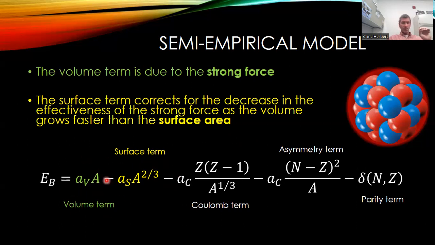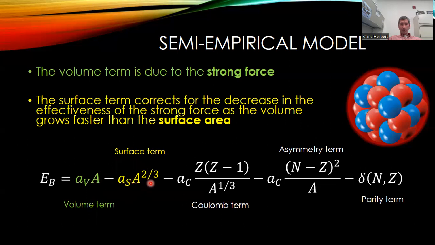First of all, the first term here is the volume term. It's basically the idea that every nucleon, every proton, every neutron is going to contribute to the overall strong interaction that's holding the nucleus together. So that's our volume term. More protons, more neutrons, more strong force, but not necessarily more strong force per nucleon. Okay?